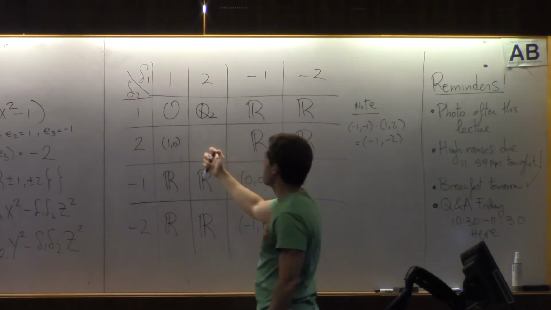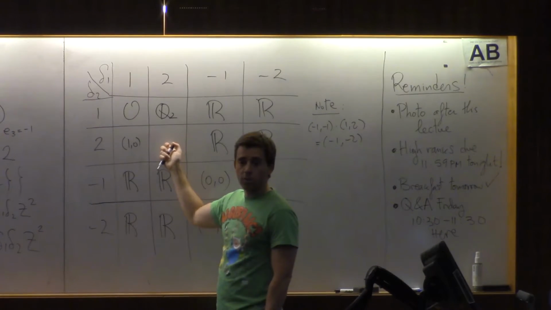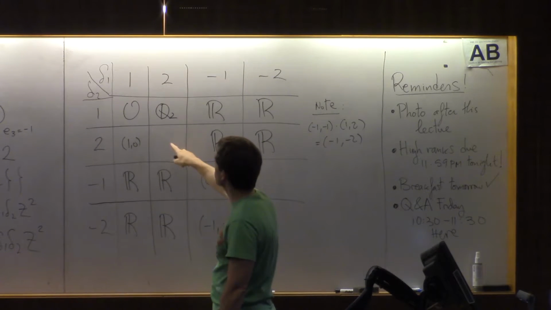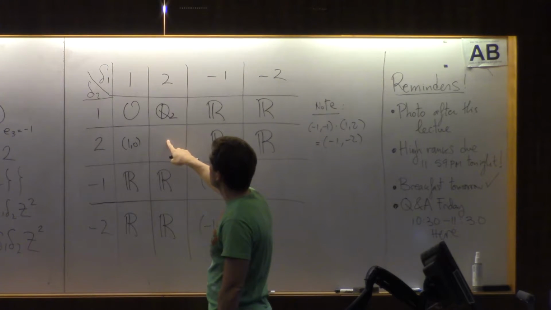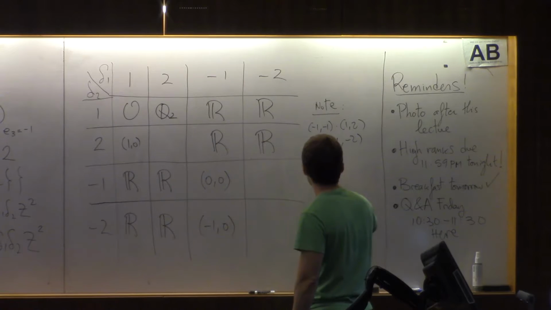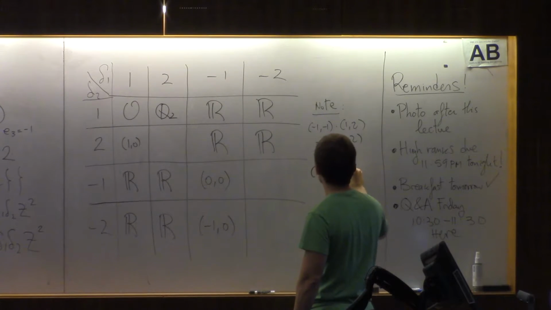Is there a point here? Well, if there was a point here, this is (2, 2). If I multiply by (1, 2), what did I get? How much is (2, 2) times (1, 2)?